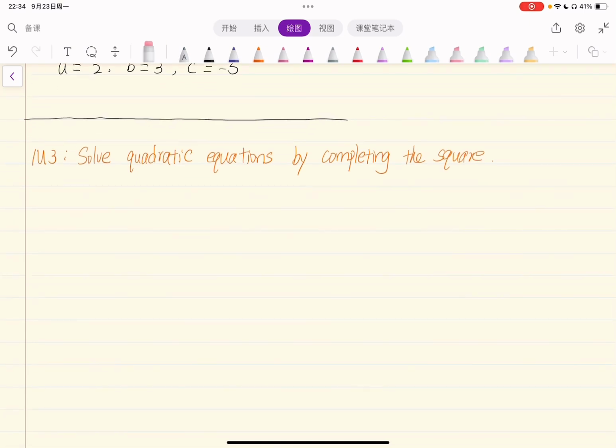Let me give you a question as an example. Solve 3x squared plus 12x plus 7 equals 0 by completing the square.